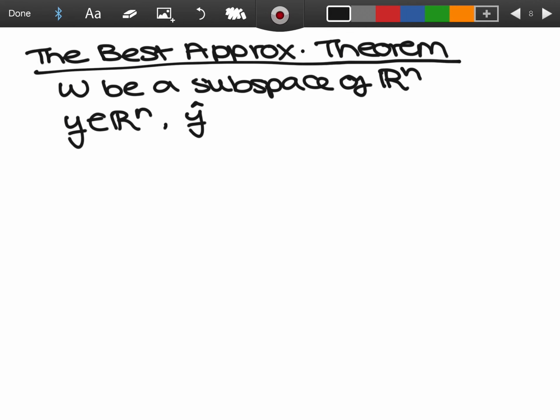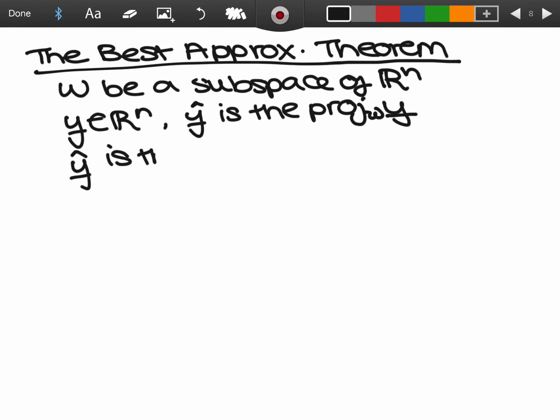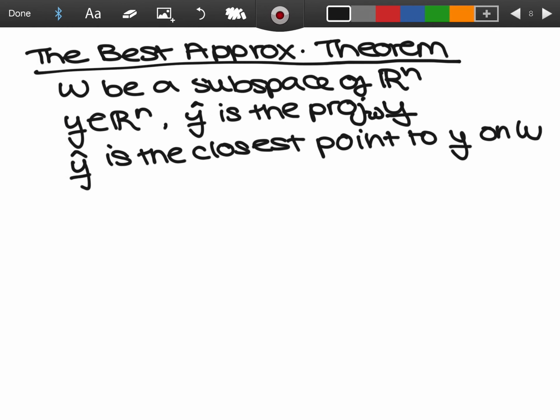We know already from what we've done so far, y hat is the projection of y onto W. So y hat is the closest point by definition. It's the closest point to y that is in W.